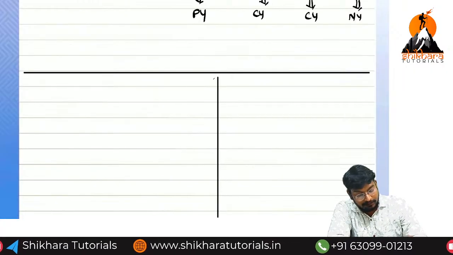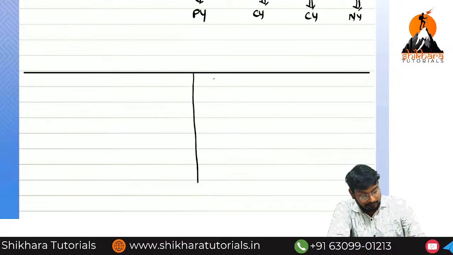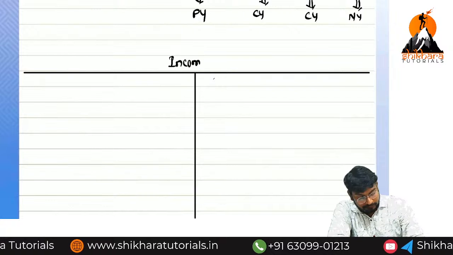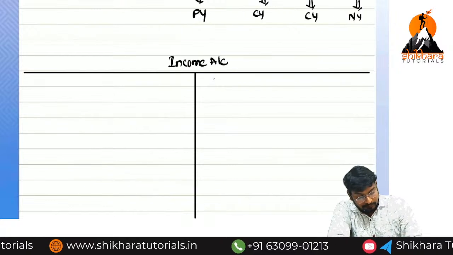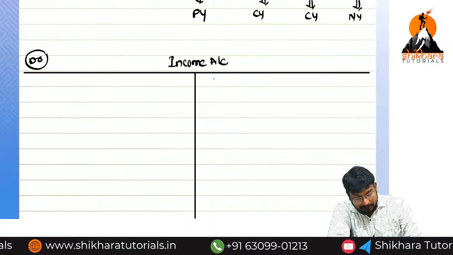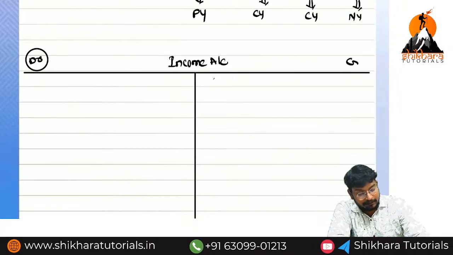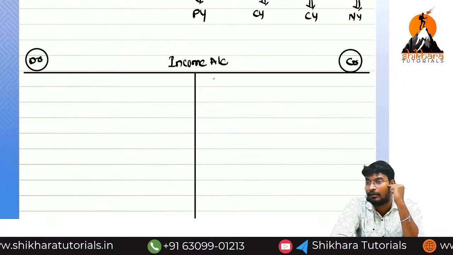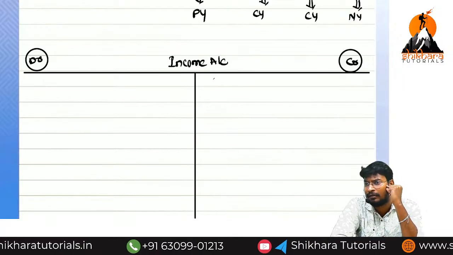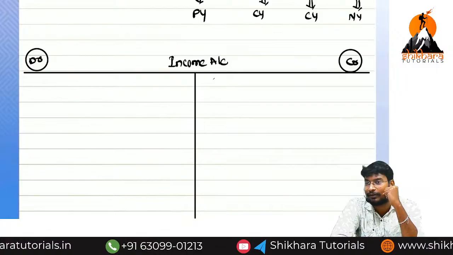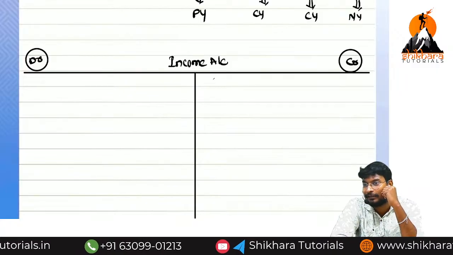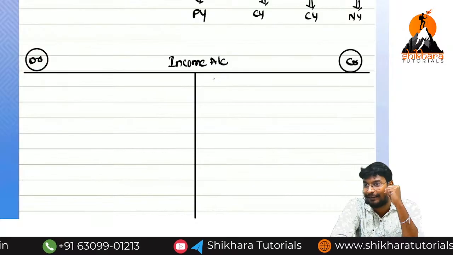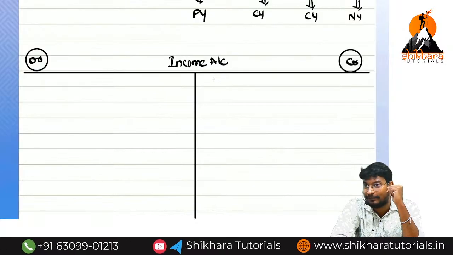So which account? Income account. We are having the debit record and we are having the credit record. Now, to profit and loss account. Why? Credit balance. Okay, credit balance.